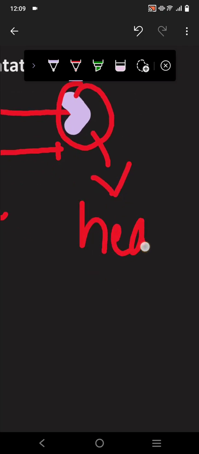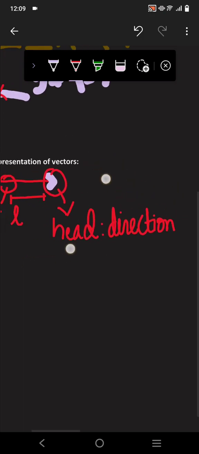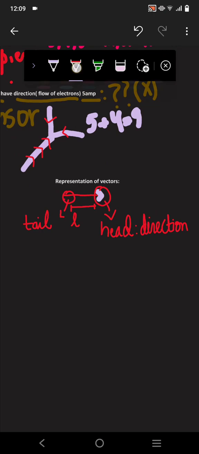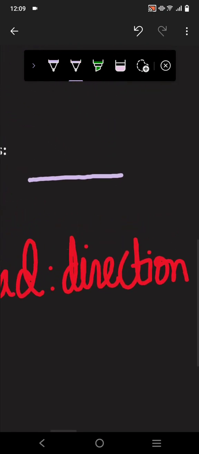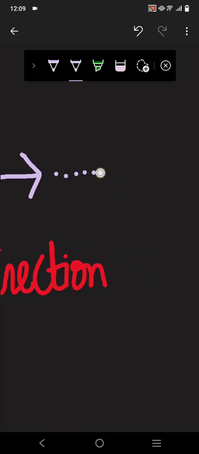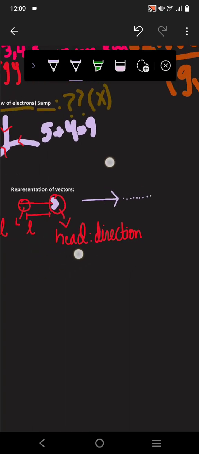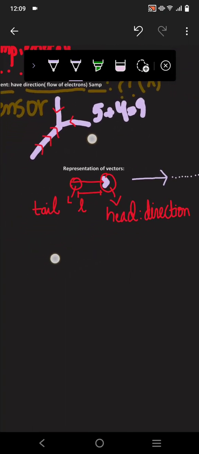And what's the purpose of the head? The head gives you the direction. It's common sense that this is a line heading toward this side, giving direction. So that is why this is the representation of a vector.